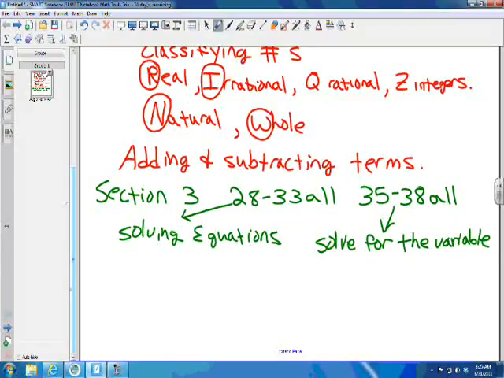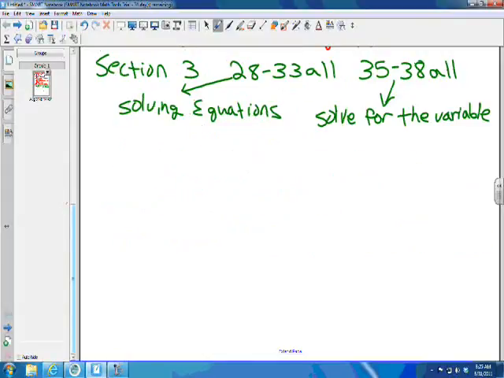Section 1.4 is absolute value equations. So 40 through 45.